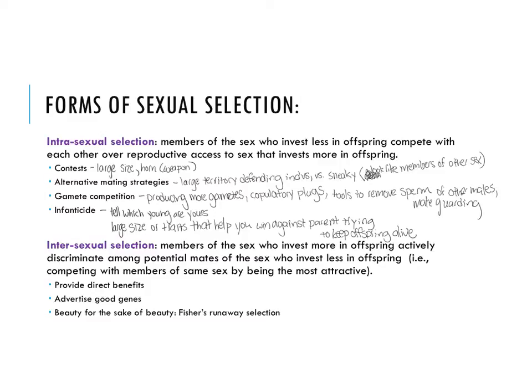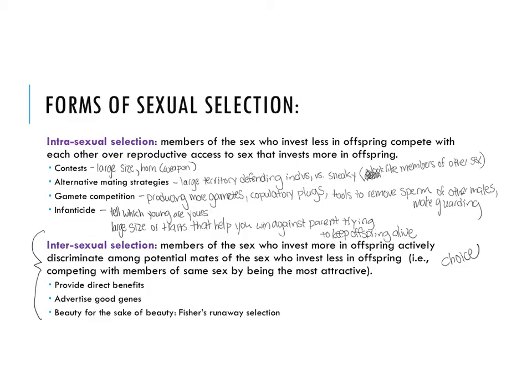In this module, we're going to talk about intersexual selection, where members of the sex who invest more in offspring actively discriminate among potential mates of the sex who invest less. So discriminating means choosing. So this is choice, where one sex is choosing among members of another sex.